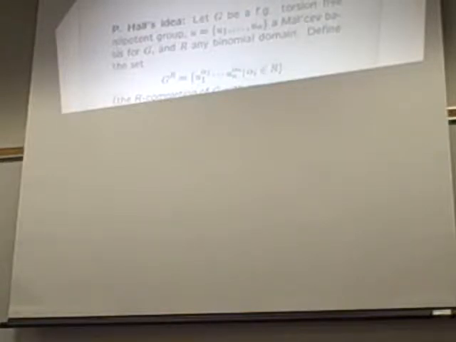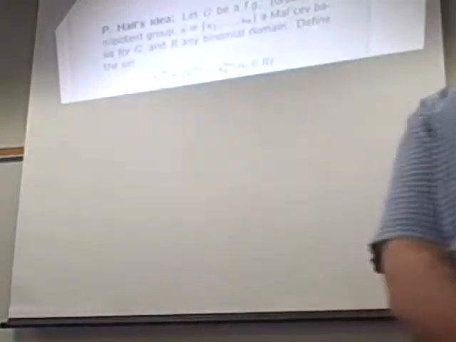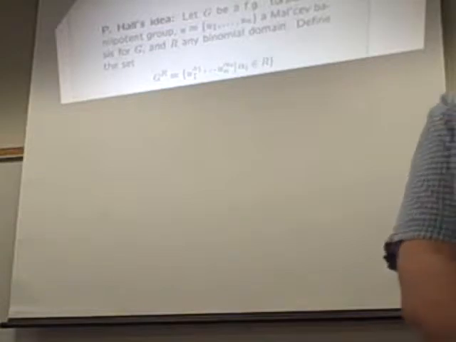And now let's take a binomial ring R. Then what you can do is form the set G^R to be the set of all these informal words. So think of these guys as just elements, and G^R is the set of them. Now, it turns out, once we define a group operation on this, this will become known as an R-completion of the group G. So prematurely I wrote that.